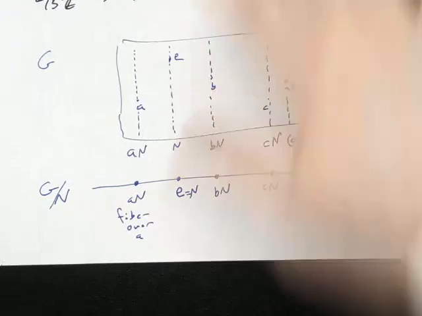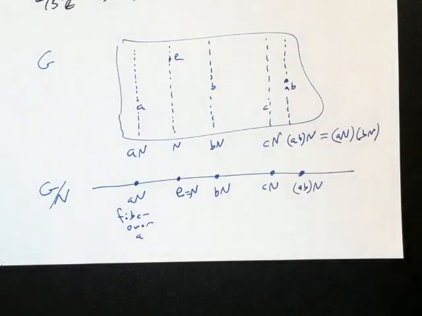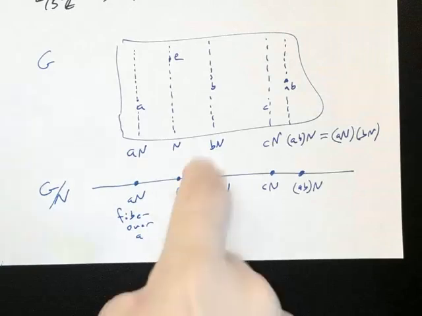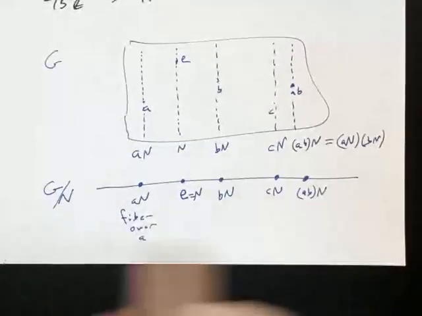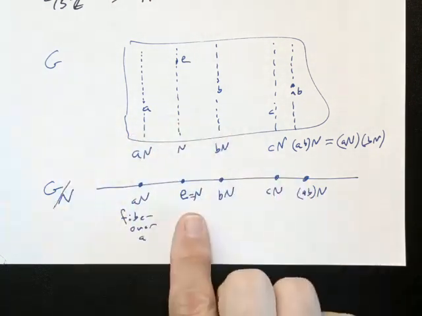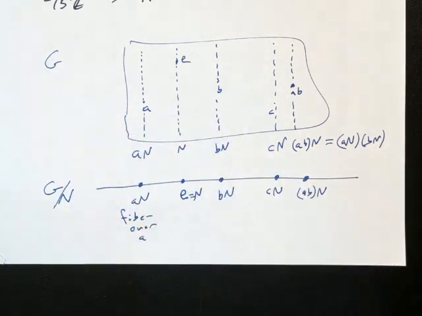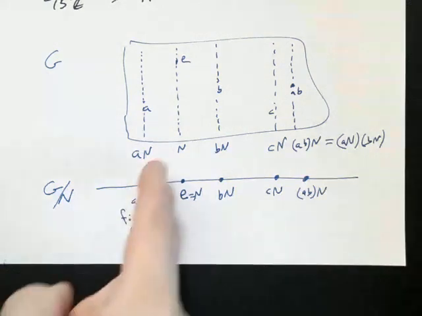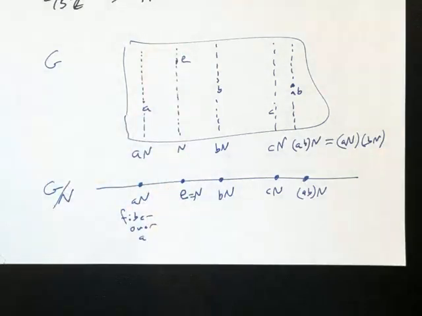An element in Z5 is really a coset. In here, an element in the factor group is a coset, a collection of things in G. But what collection then depends on our normal subgroup, on the first fiber in that picture, the one that contains the identity element.